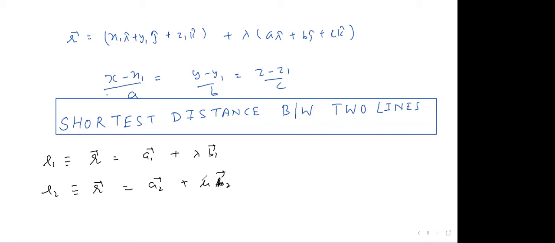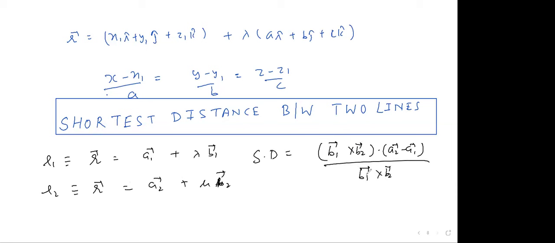So the formula for shortest distance is SD equals to b1 cross b2 dot product with a2 minus a1, divided by the magnitude of b1 cross b2, and the whole thing in modulus. This is the formula.